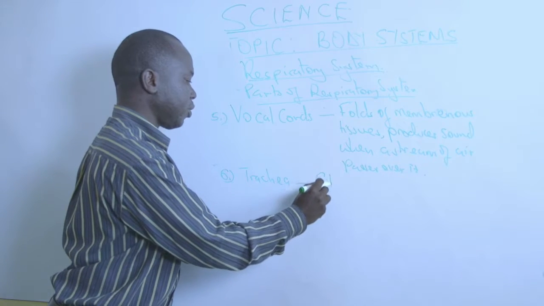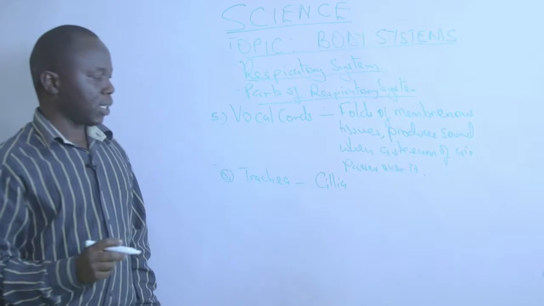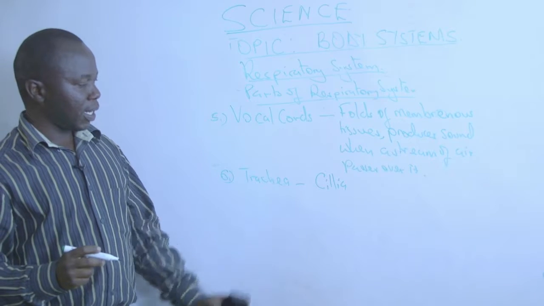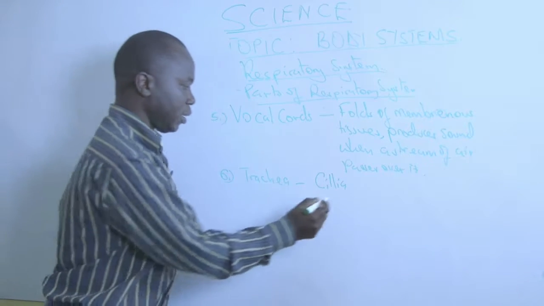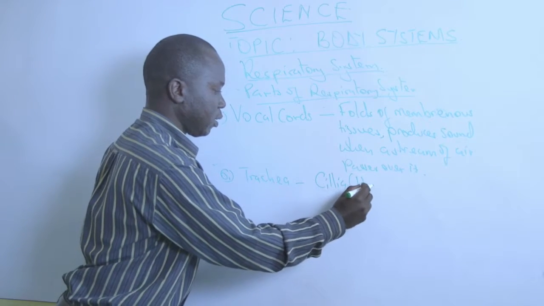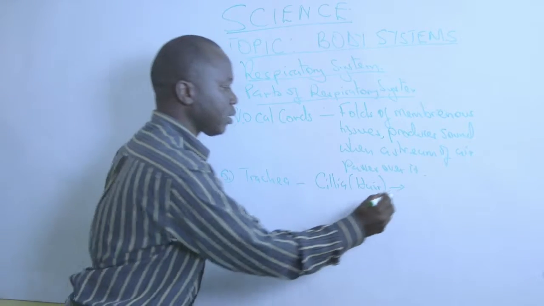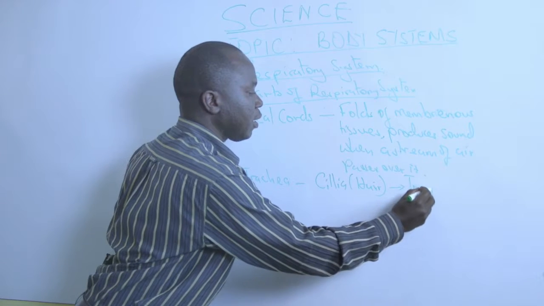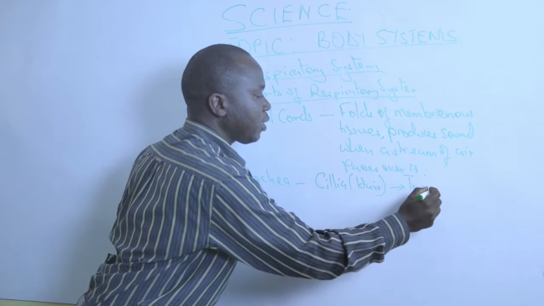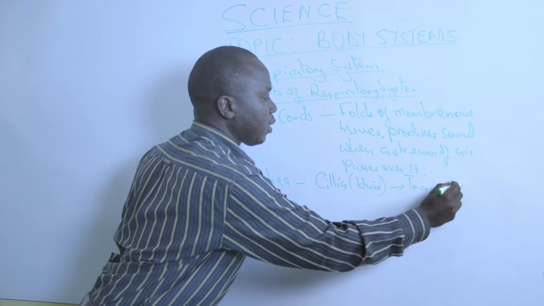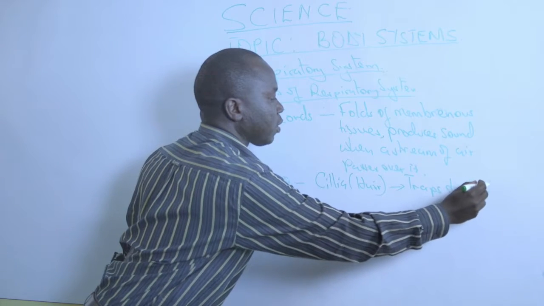One of the most important structures in the trachea is cilia, hair-like structures, and the role of these, just like in the nasal cavity, is to trap dust particles.